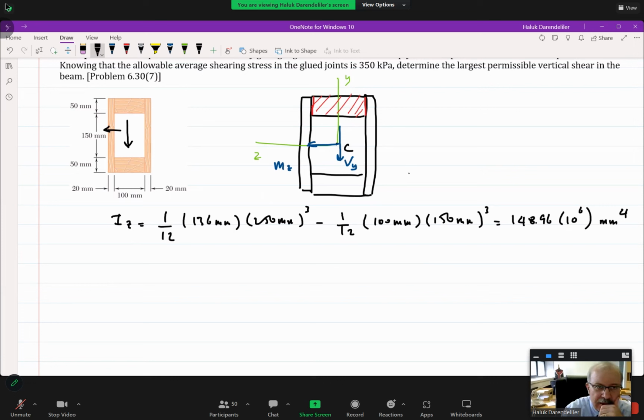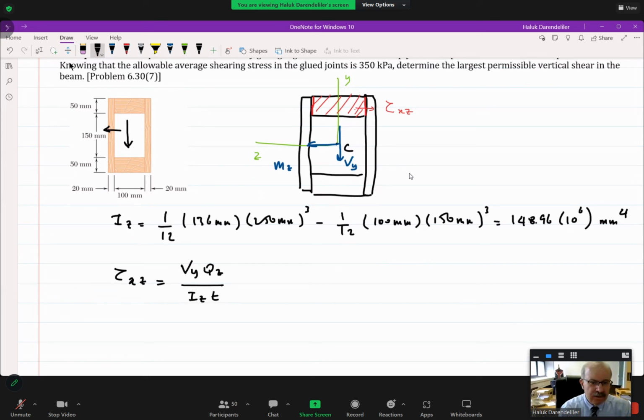For example, on this face, we have such a shearing stress here, which is tau on the x plane in the z direction, and of course on the surface on the red line towards the depth of the screen, we have the same shearing stress. Okay, so therefore our equation is this: tau xz is equal to Vy Qz over Iz times t.